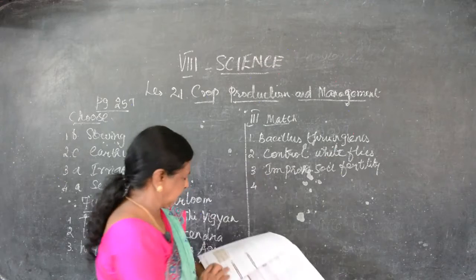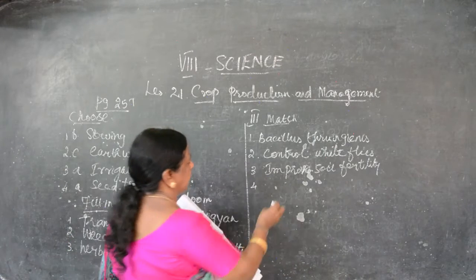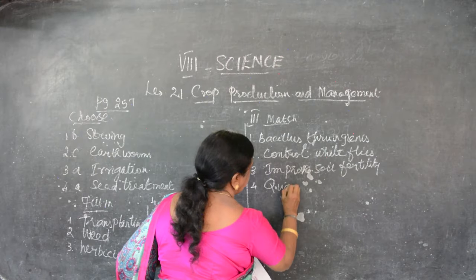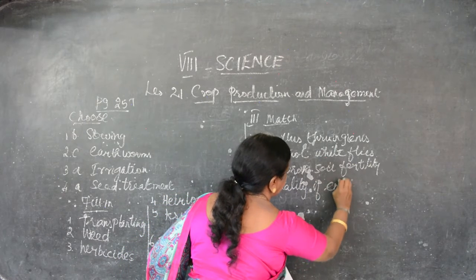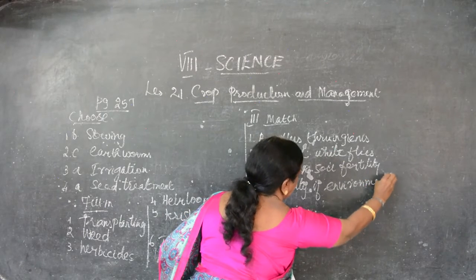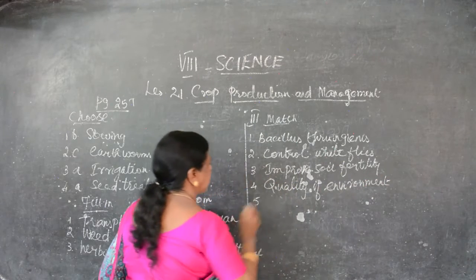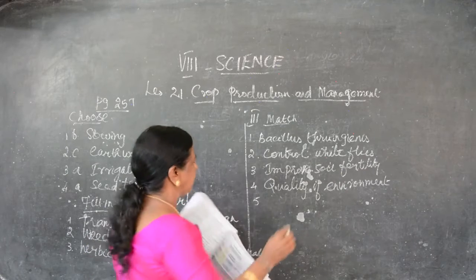And fourth one is bioindicators, quality of environment. And last one is biorepellents, neem leaves.